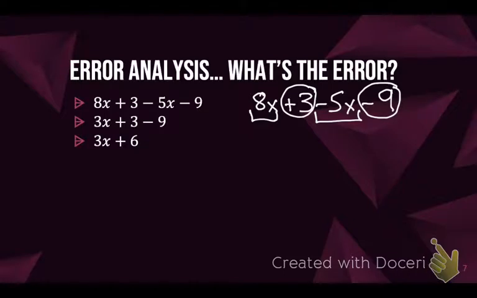So 8 minus 5 would be 3x. 3 minus 9 would be -6. Okay. You subtract and you keep the sign of the larger number, which would be 9. So they forgot to make that into a negative. And a lot of the mistakes I think you were making were actually with negatives last week.